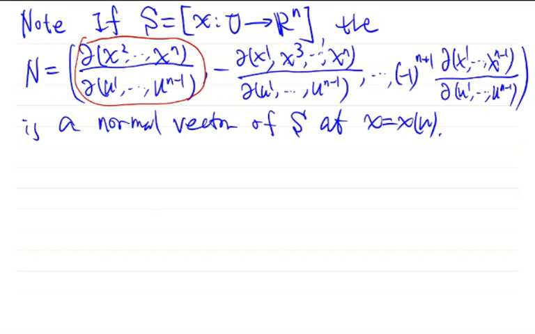So the positive and negative signs alternate. Okay, so this is the normal vector.